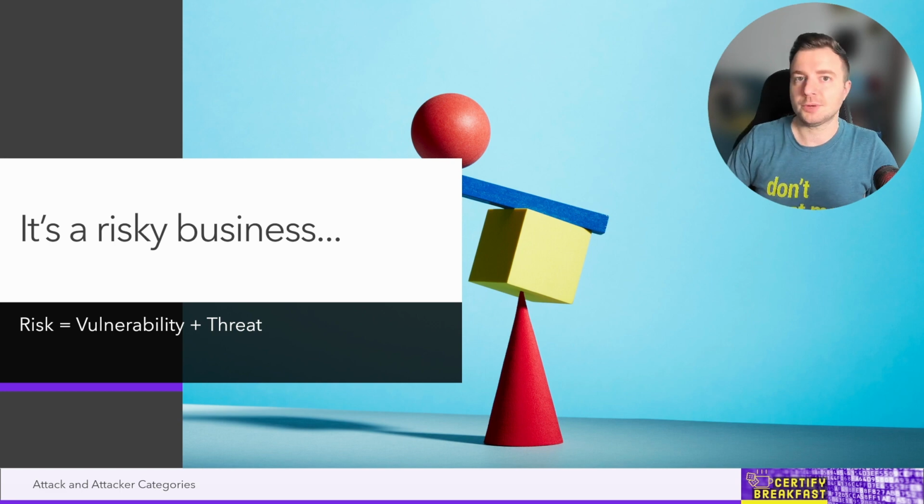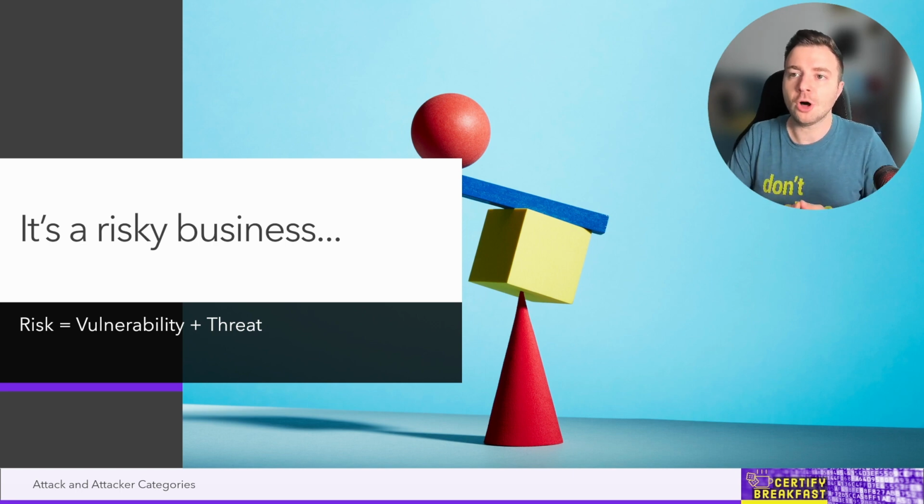But in order to define what exactly we need for that risk assessment, we're going to have to focus our attention on two major areas in security. The first one being the vulnerabilities that we currently have in our systems. Now, a vulnerability is any kind of weakness that makes it easier for an attacker to perform an attack on our system.